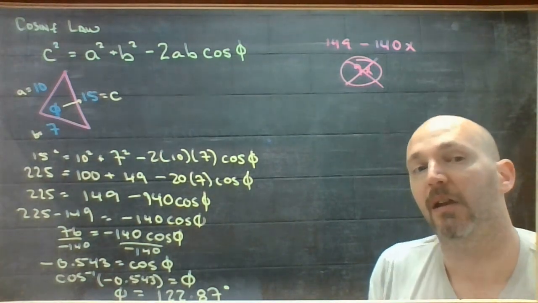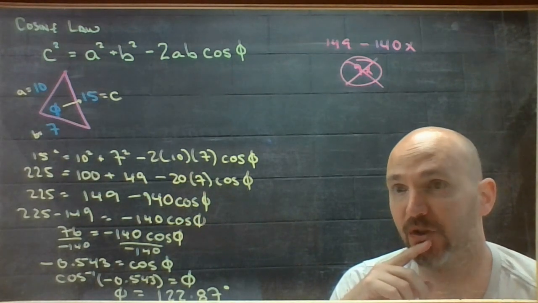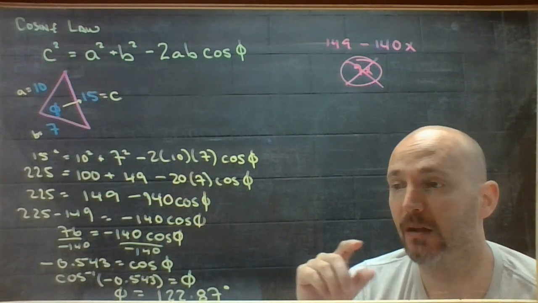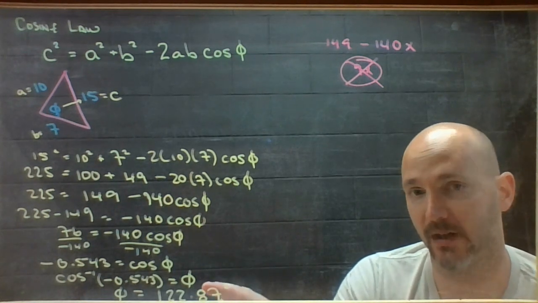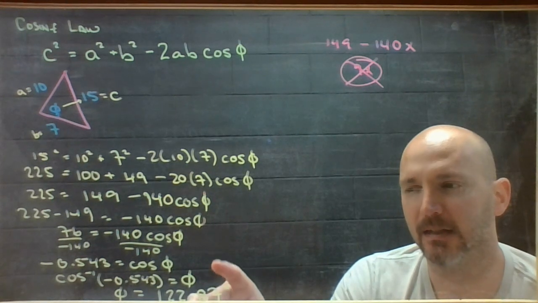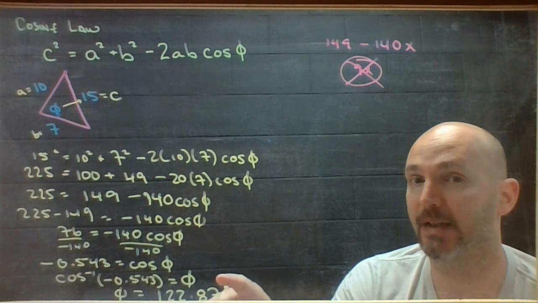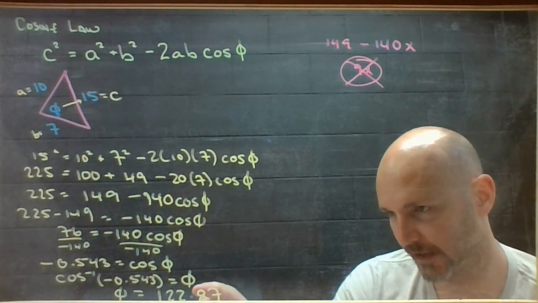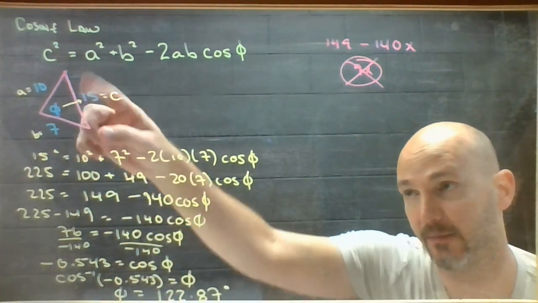So after doing all that, it's a good idea to check your work. This is going to be the biggest angle in this particular triangle because the triangle's angles have to add up to 180. So there's only like 57 degrees left to spread between the other two.